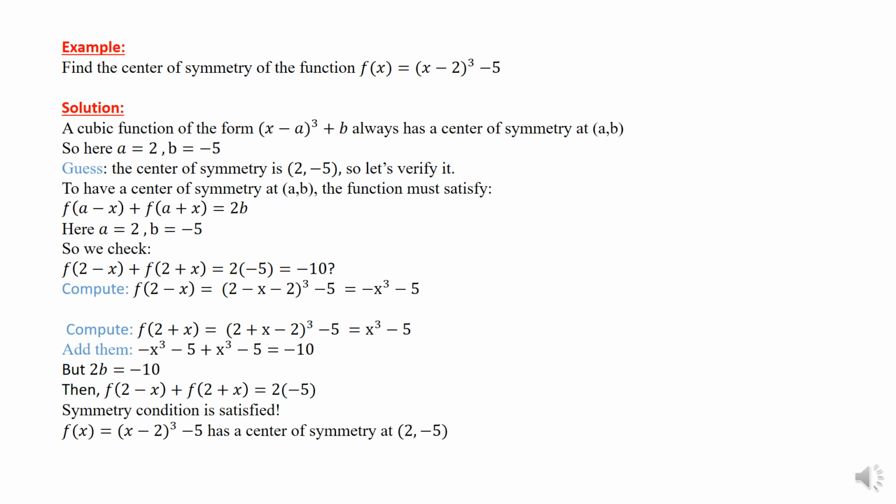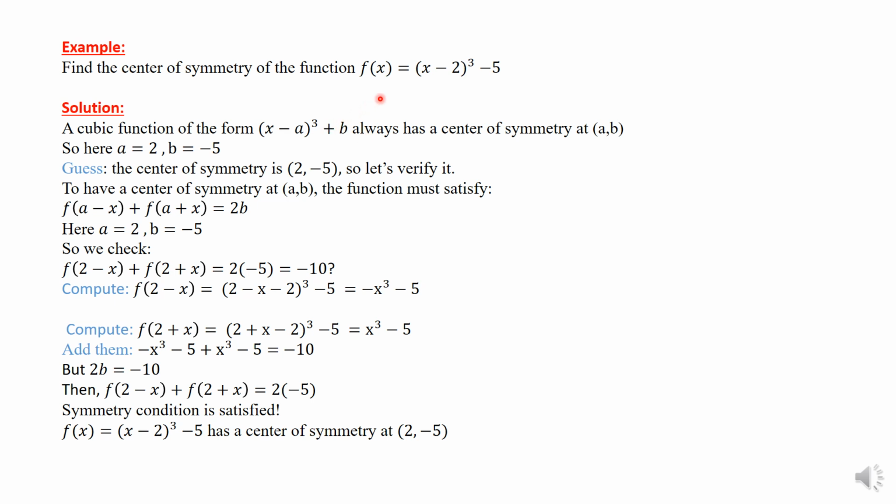Let's find the center of symmetry for the cubic function (x minus 2) cubed minus 5. In general, a cubic function in the form (x minus a) cubed plus b has (a, b) as its center of symmetry. Okay, what if the function is not given in this form and it is a cubic function?